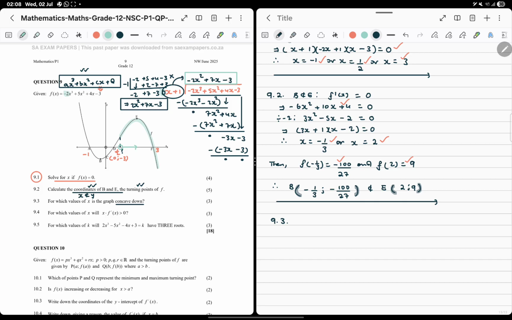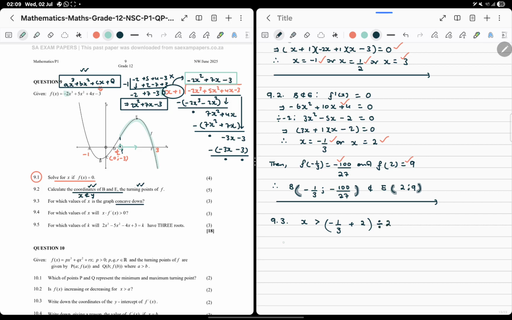Right, but now we have the x coordinates of the turning points. So we know that basically this is going to be x greater than the average of the turning points, which is minus 1 over 3 plus 2. As a whole, we divide this by 2 because this is the average.